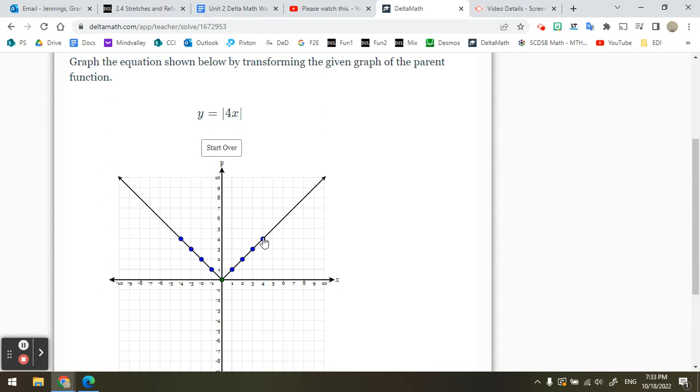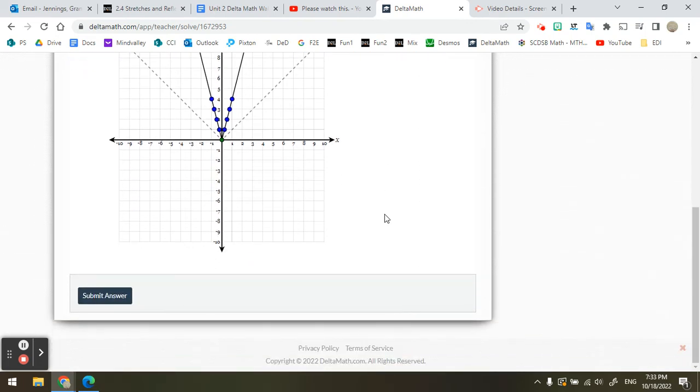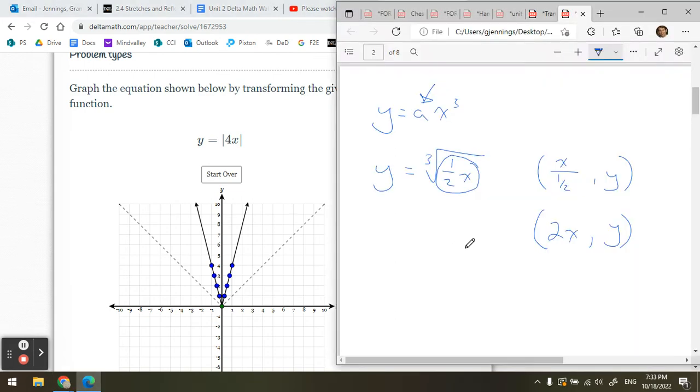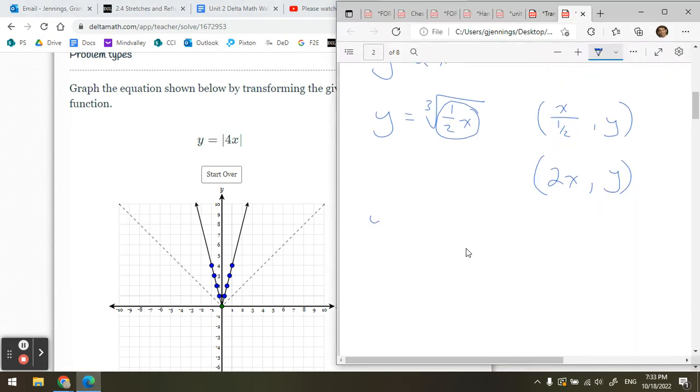Again, these things are going to be squeezed to the y-axis by factor 4. Cool, eh? Yeah, so that is our new function. And again, because it's a k transformation, it works a little differently than you might expect. Here, this is y is equal to 4 multiplied by x, but we want the absolute value of that.